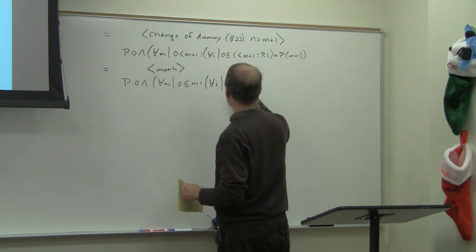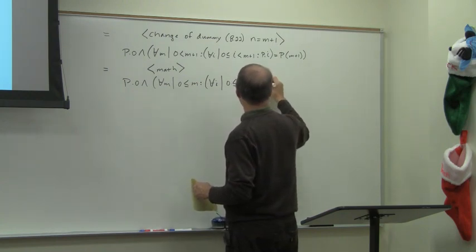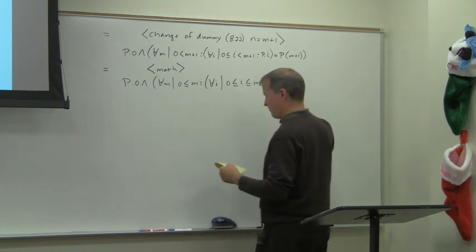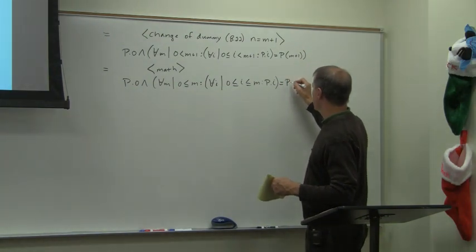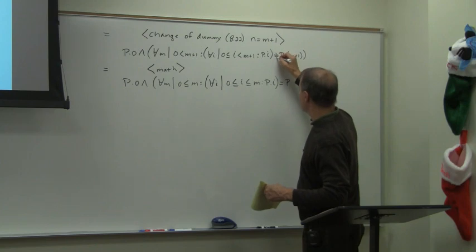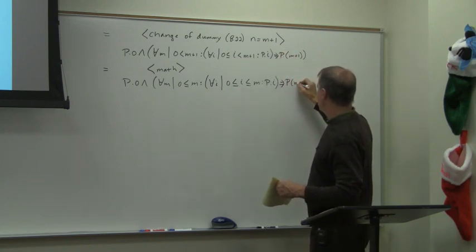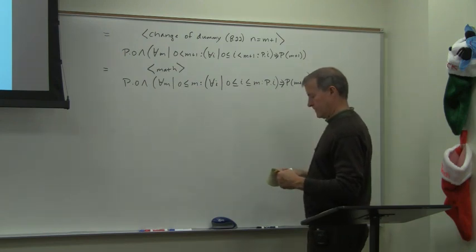So this is 0 less than or equal to I less than or equal to M, body P dot I, is that right? Oh, is this an implies? You're right. Implies here, implies here, P of M plus 1, right? All you've got to do is switch the other thing back to natural number.